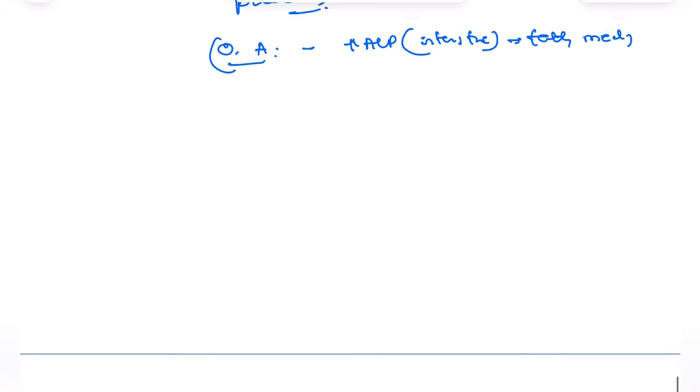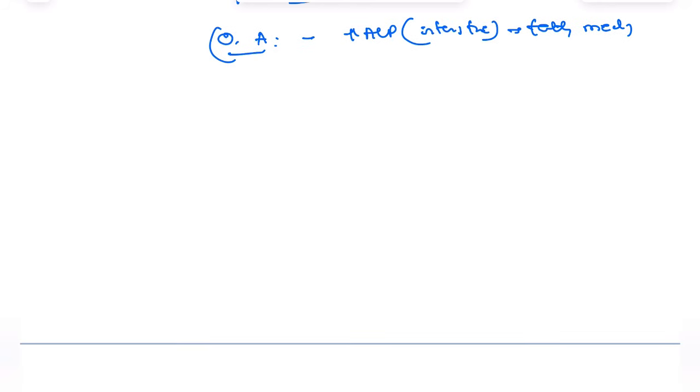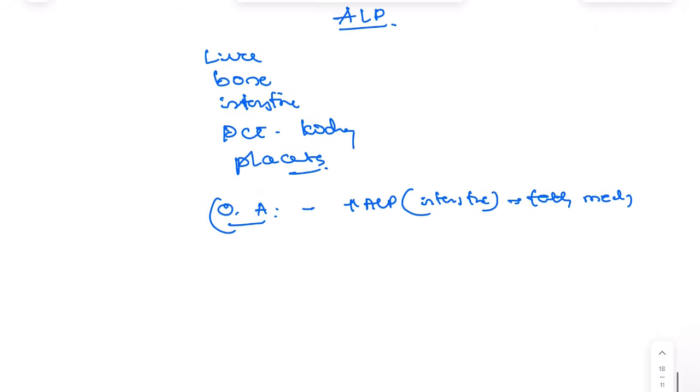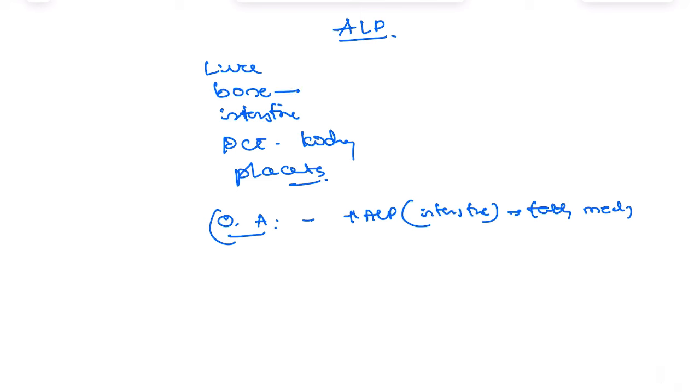Whenever you get raised ALP, you should know whether it is because of hepatocellular injury or other causes like bone causes. Which are the bone causes that result in raised ALP? They are Paget's disease, osteomalacia, rickets, osteoporosis, so many conditions. Intestinal and placental sources, pregnancy, and adolescence will also cause raised ALP.